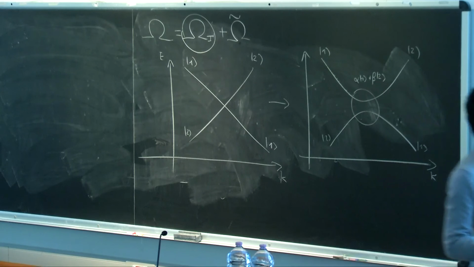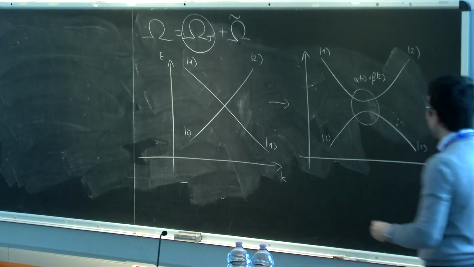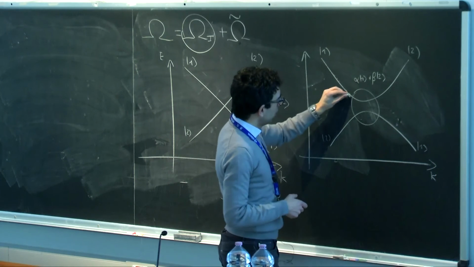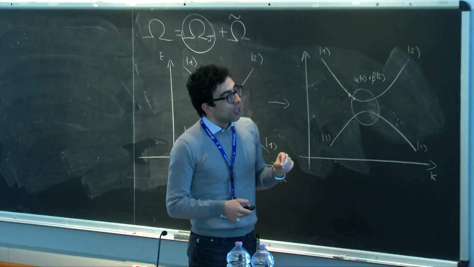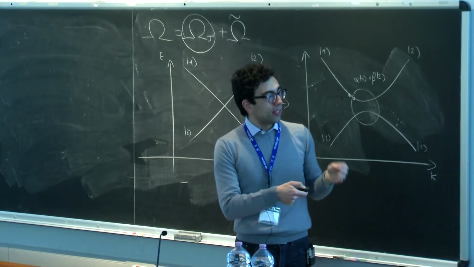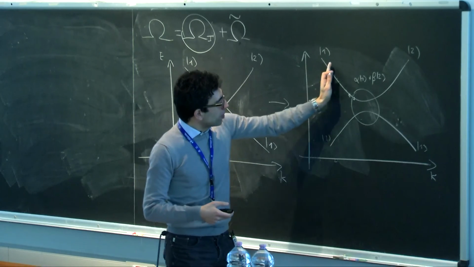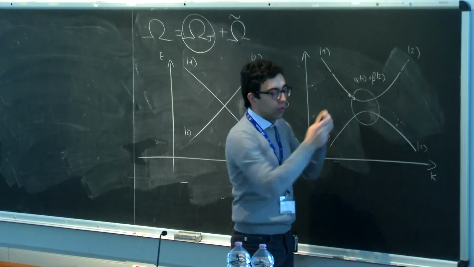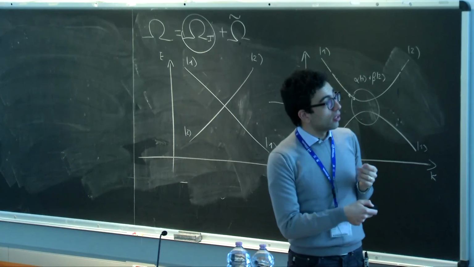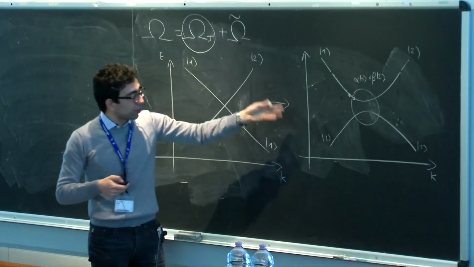And so if you compute the overlap of u, the periodic part of the wave function, at a given point and then the neighboring point, so here and here, if the function has the same character, this will be basically 1. If these two are orthogonal, if I go from here to here, these two u's will be orthogonal, so the overlap will be 0 because 1 and 2 are two different states.